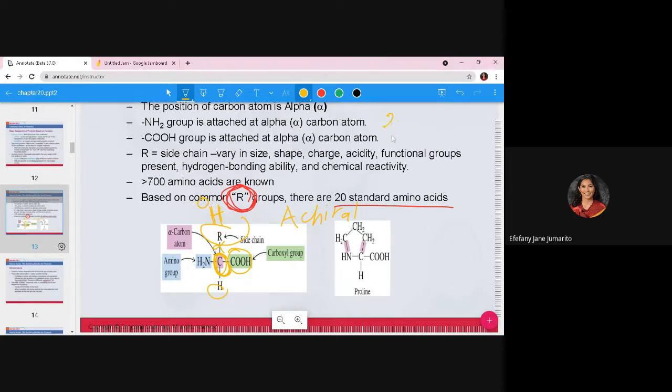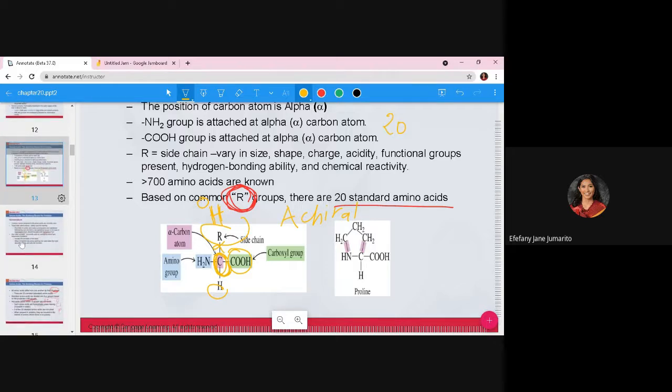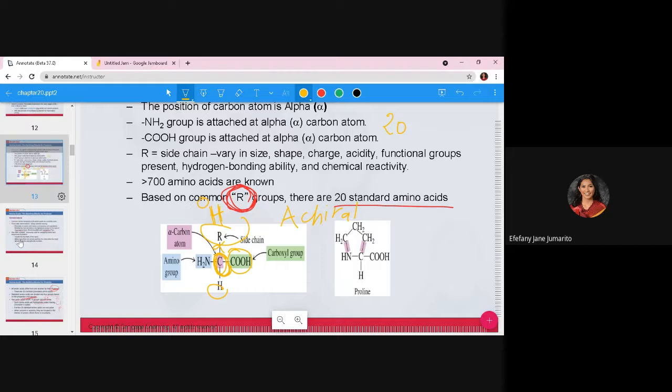Out of 20 amino acids, how many have chiral centers? Only 19, because glycine is part of the 20 amino acids, but glycine is achiral since its side chain is just an H.